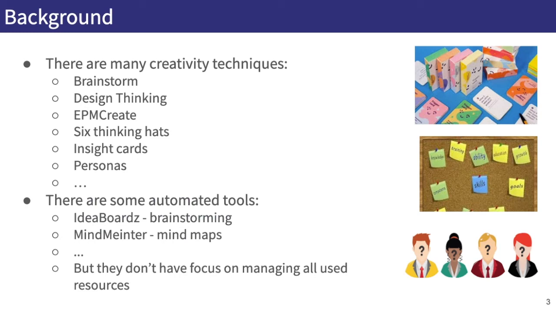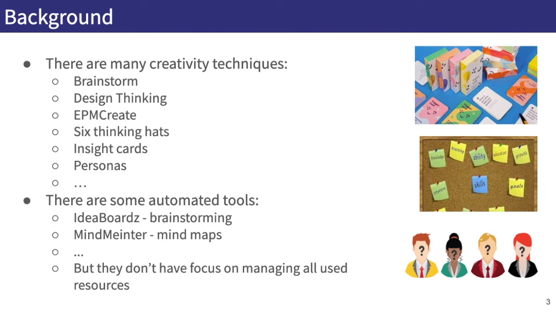And I'd like to talk a little bit about background. Why do this? There are many creativity techniques that help people organize and create ideas by alternating moments of individual and collaborative creation, for example, brainstorming, design thinking, six thinking hats, inspiration cards, and persona.